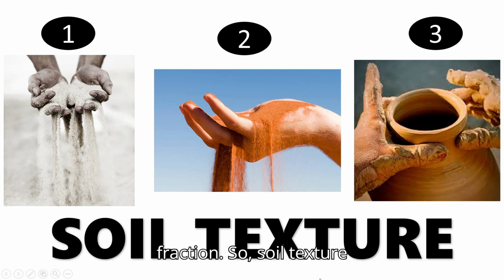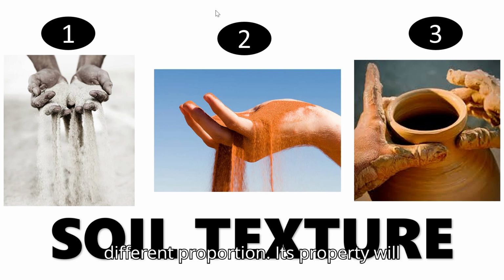So soil texture means it is the feel of something. You have to understand this concept first. What did I say? A soil contains all the soil separates, but in different proportions. Its properties will be in different proportions. So we call this relative proportion soil texture.